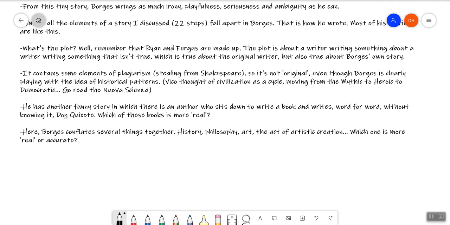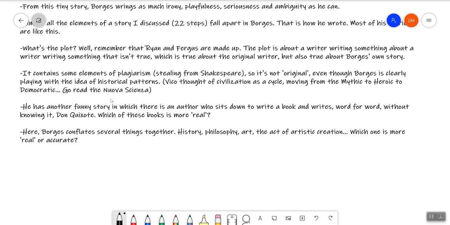Okay, so to go back to Vico here, Vico thought of civilization as a cycle, okay, kind of moving from the mythic to the heroic to the democratic. And then for Vico, basically civilization would reset. There would be a kind of implosion, right? Everything would fall apart. Like his big example was the Roman Empire, which eventually fell, and then we had the Dark Ages for several centuries thereafter.